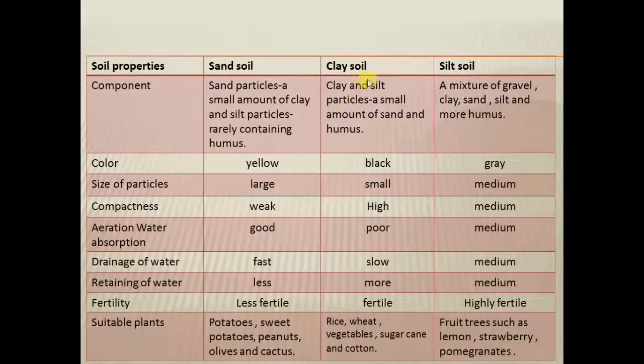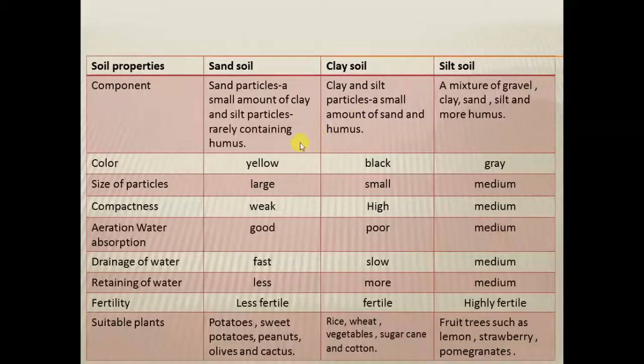Clay, the main components are clay and silt. But the silt soil is a mixture of gravel, clay, sand, and silt. The sand, rarely humus. Clay, small amount of humus. But the silt, more humus.